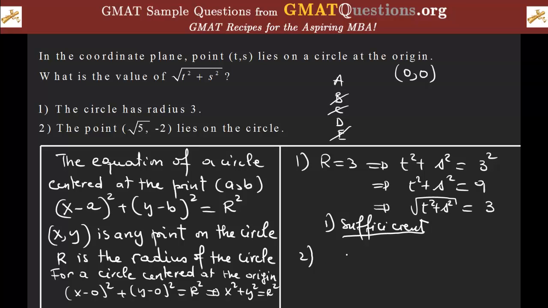Number 2, we are told that the point root 5, negative 2 lies on the circle. What does it mean? It means that this point satisfies the equation of the circle. Let me write it down. The point root 5, negative 2, because it lies on the circle, must satisfy the equation of the circle.